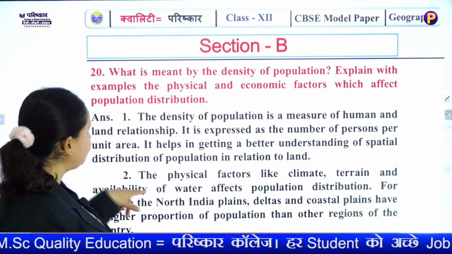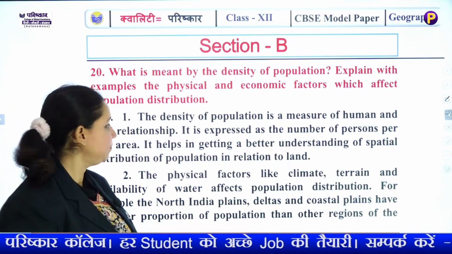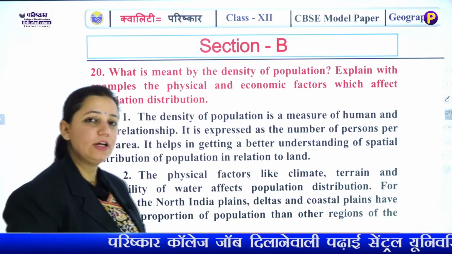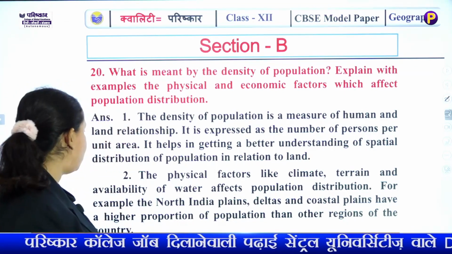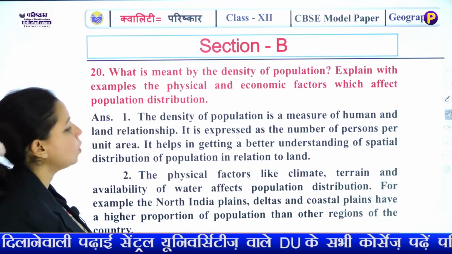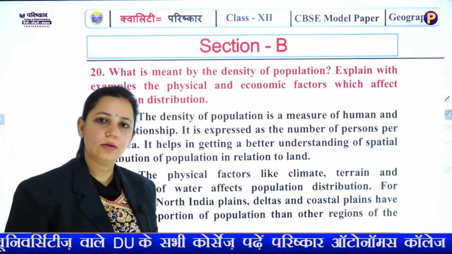Now the second part: physical factors like climate, terrain and availability of water affect population distribution. For example, the North Indian plains, deltas and coastal plains have a higher proportion of population than other regions of the country.